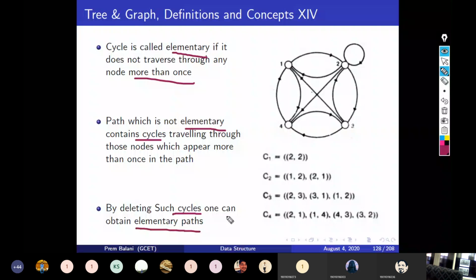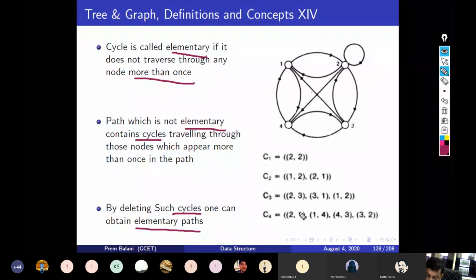So in the graph, any path you take, if it is not elementary, then there must be cycles in the path, and if you remove these cycles, then you will get the elementary path. So this we will check by going to the previous slide, but before that let us check all these cycles, whether these cycles are elementary or not.